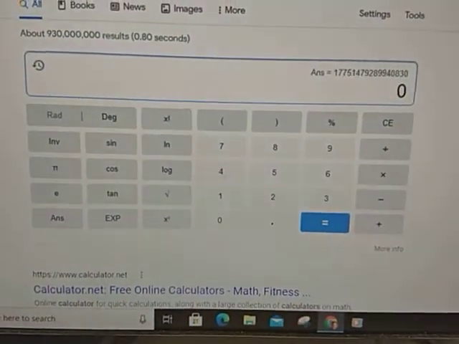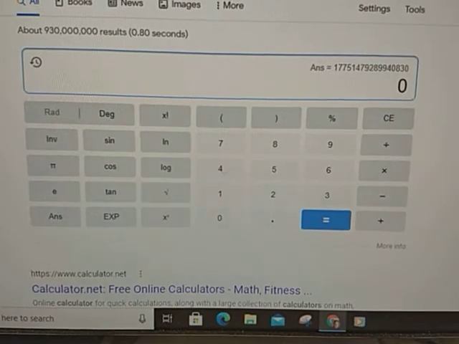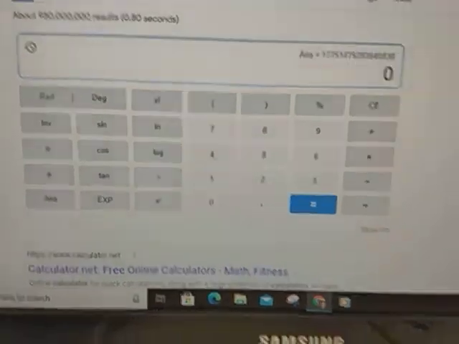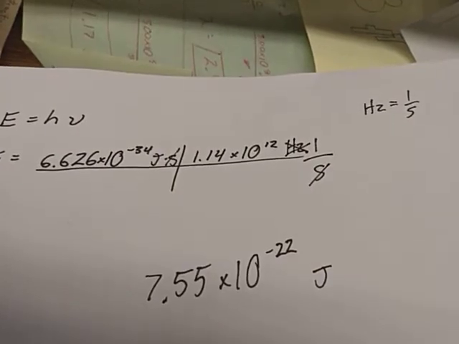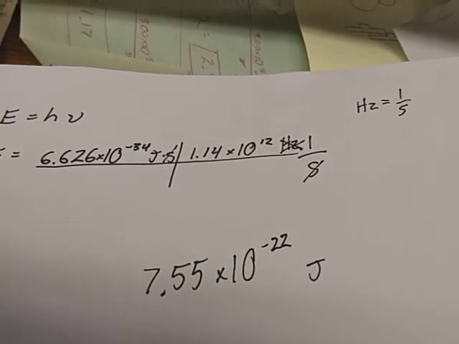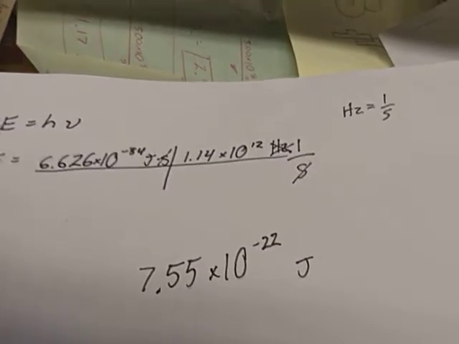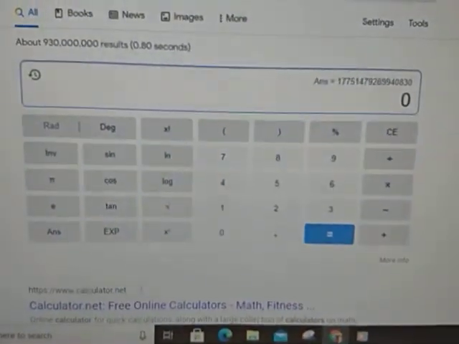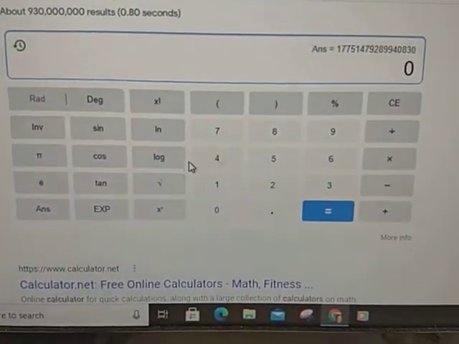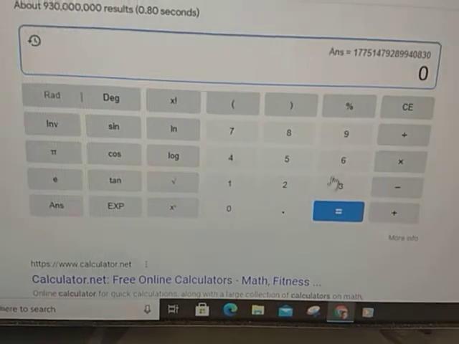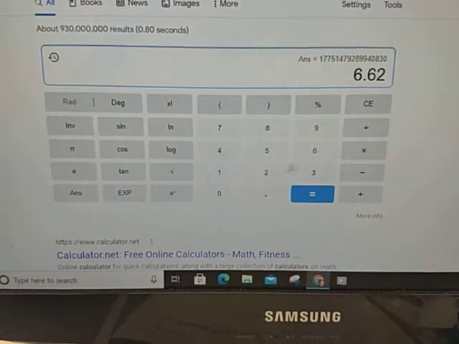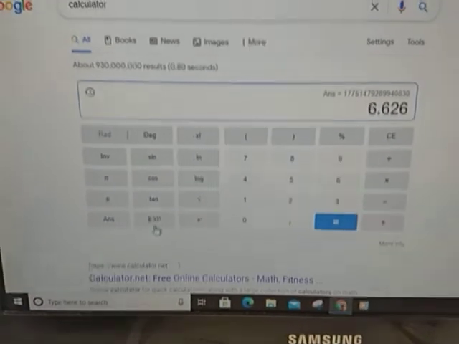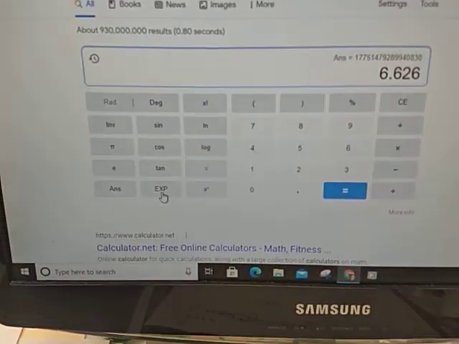If you go to any Google search and just type in calculator, this will come up. So we're going to do the math that you have here: 6.626 times 10 to the negative 34th times 1.14 times 10 to the 12th. The way I punch that in, I go 6.626, and there's a button right down here that says EXP.